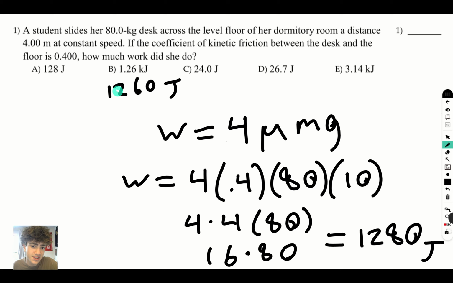And the reason that this number is slightly lower than the answer we found is because the people who created this problem probably used a value of 9.8 for gravity, causing their value to be a little smaller. But on most exams, on FRQ portions, they will accept a value of 10 being used for gravity. So in this problem, the correct answer is going to be B, 1.26 kilojoules.